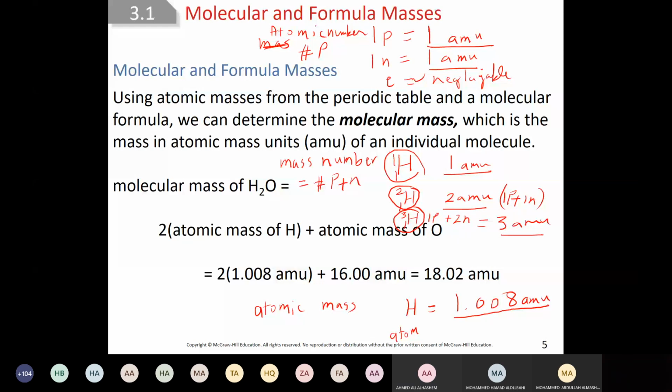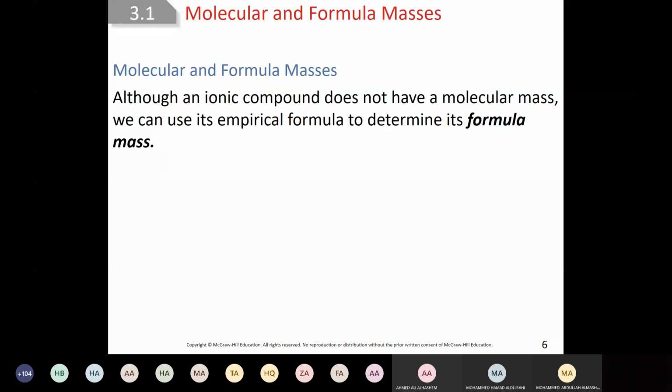Good. What's the atomic mass? The average mass of isotopes. You have to keep this also in mind. Clear? Very good. Now this is the mass of a hydrogen atom.